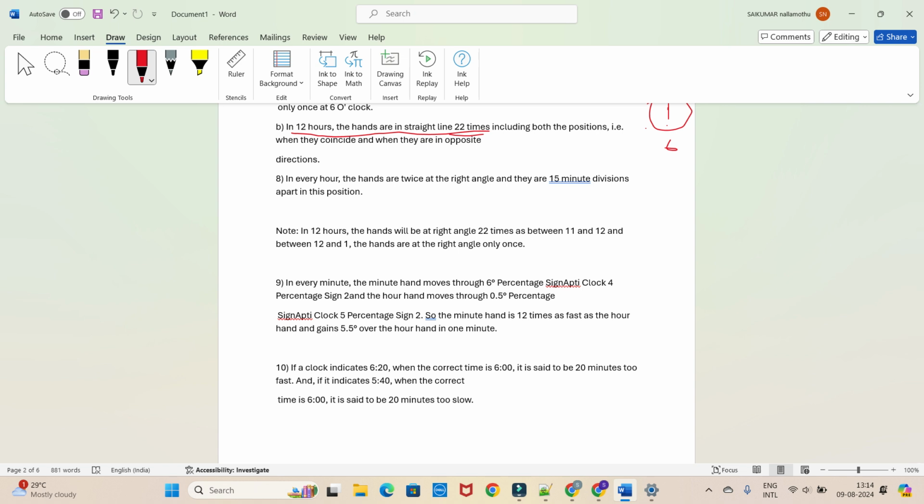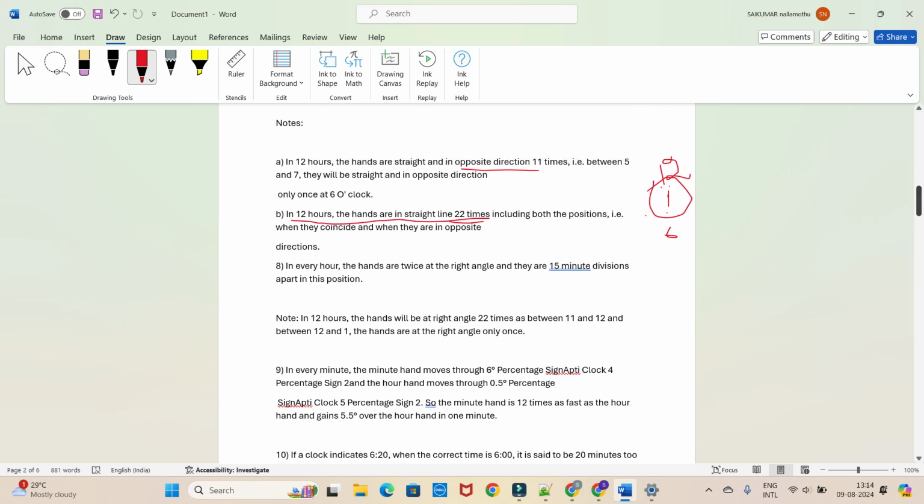In every hour, the hands are twice at right angle, and they are 15 minute divisions apart. For example, what is a right angle? That is 90 degrees. Like 12 to 3 would be 90, 12 to 9 would be 90. So for 12 o'clock, 12 to 3 and 12 to 9 would form a 90 degree angle.